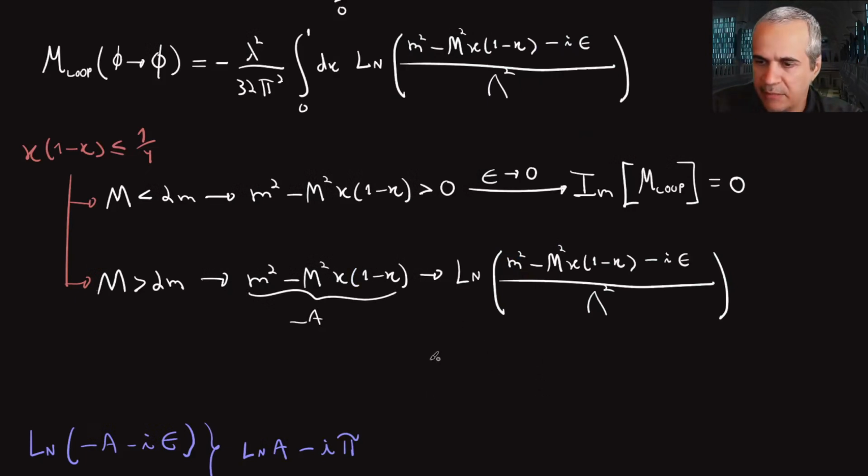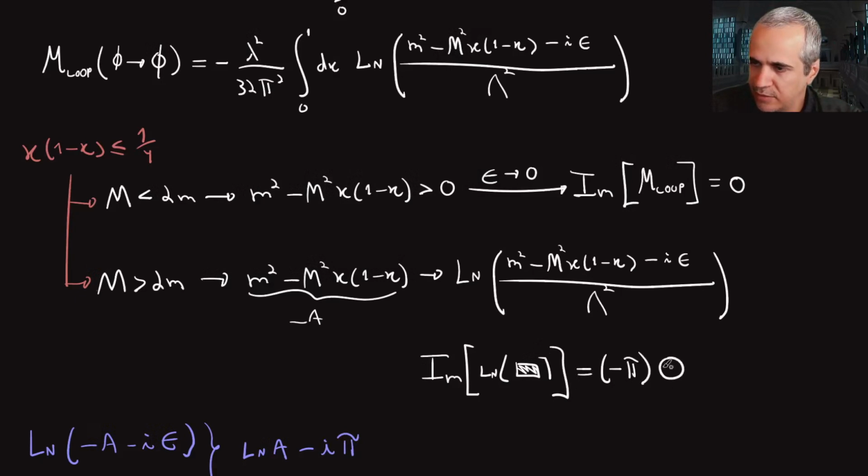That means that the imaginary part of this complicated log here will be just minus pi, as long as, and I use a Heaviside theta function to impose that, this a is bigger than 0.